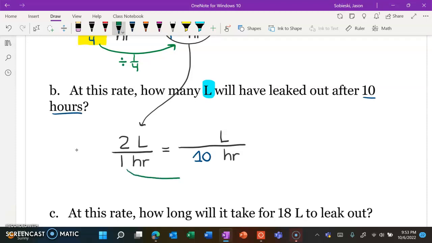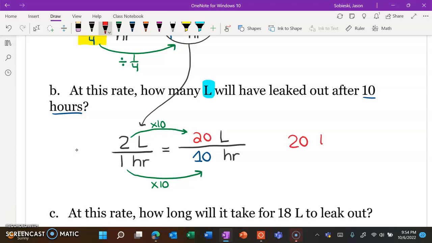All right, similarly, we have to think 1 times what gives us 10? Well, our multiplier is 10. If you do that to the denominator, you must also do that to the numerator. So after 10 full hours, we would have lost 20 liters of water.